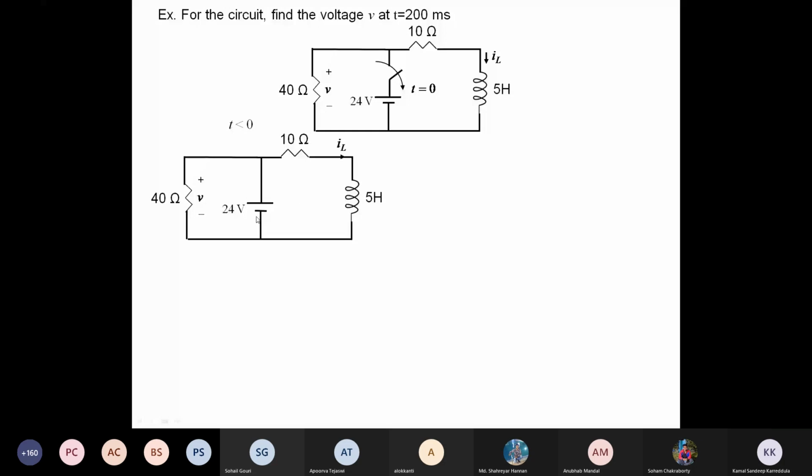And what type of source is it? DC voltage source. Constant, independent DC voltage source. So for DC, what will be the effect in the inductance?